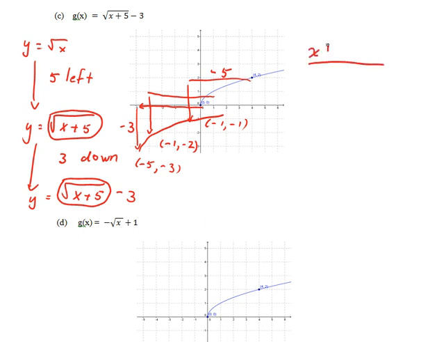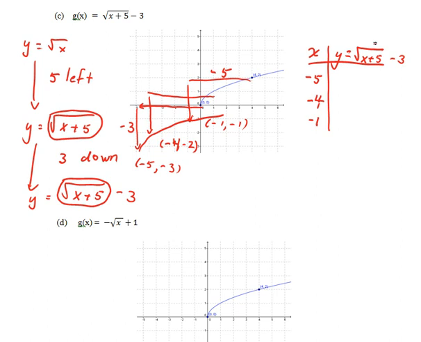Again, a table of values will confirm, and the x values I'll use this time are -5, -4 and -1. I see that I made a mistake when I labeled the second point over here. It should have been negative 4, negative 2.